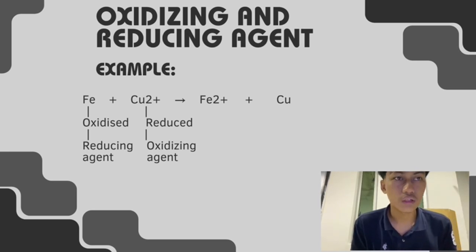Since it lost electrons, it's oxidized and acts as the reducing agent, while Cu2+ gains those electrons to become Cu. So Cu2+ is reduced and acts as the oxidizing agent. So this is a good way to remember: the oxidizing agent gets reduced and the reducing agent gets oxidized.